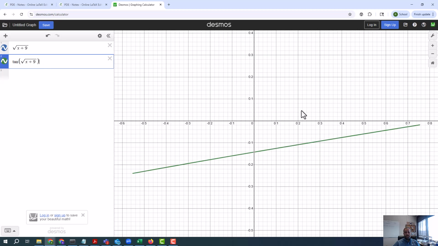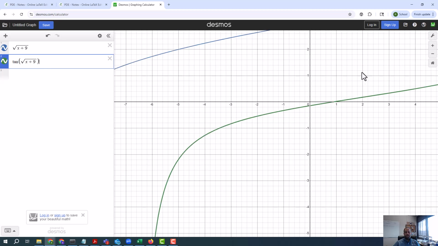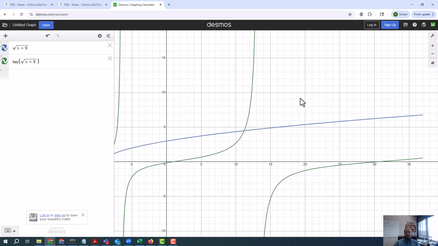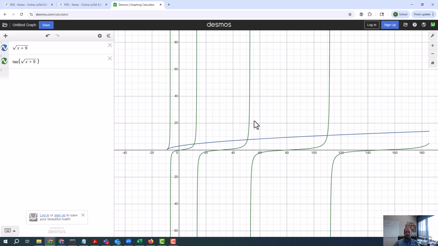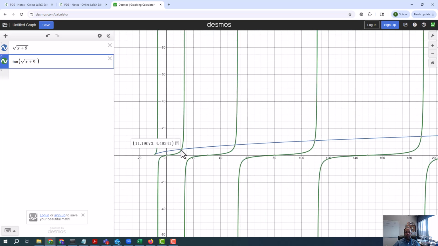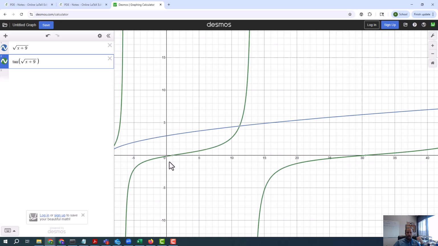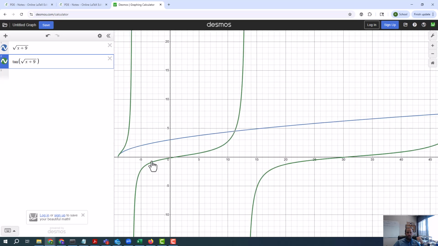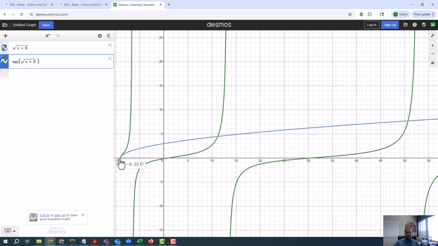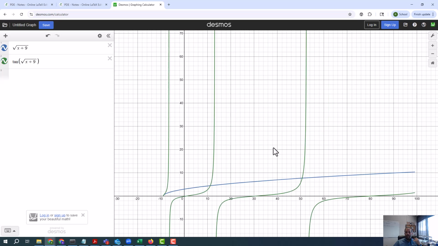We want to graph those. All of these intersection points are where there's an eigenvalue. Notice we also have one at minus 9 as well, which is the first eigenvalue. Okay, so that is it.